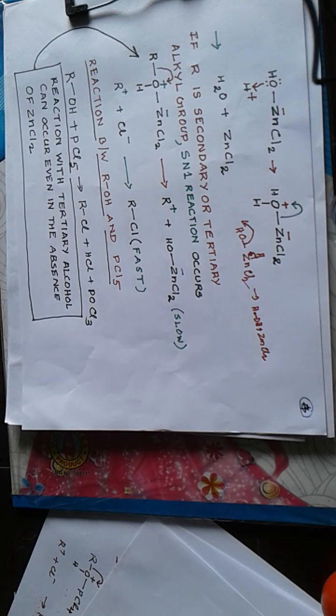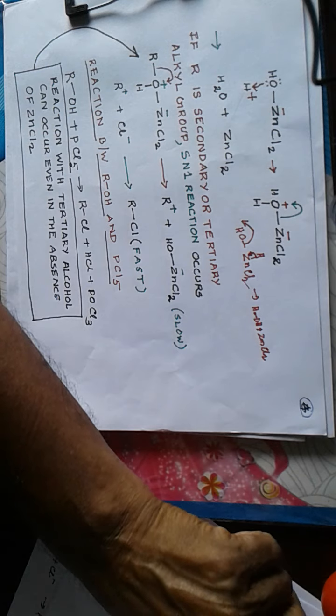So the entire thing, starting from ROH and ZnCl2, these steps represent what is called the mechanism of the reaction.